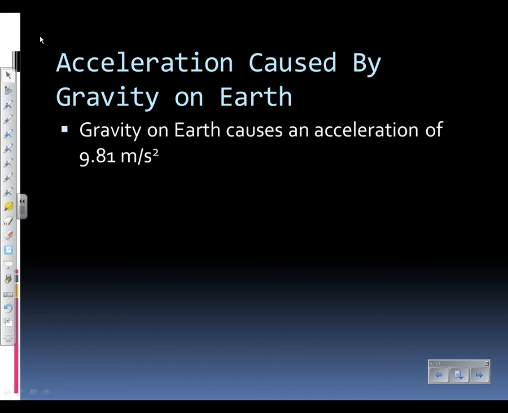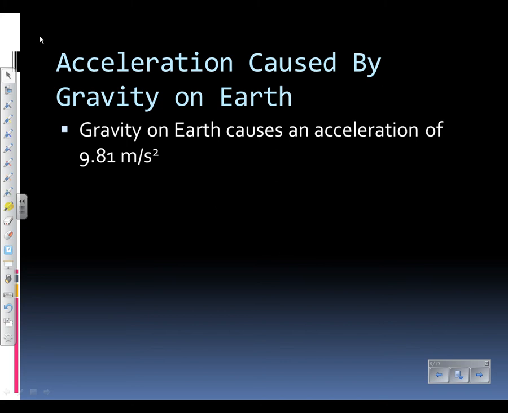Is this the value for the acceleration caused by gravity everywhere? No. The demonstration that I did while the movie was on, I dropped that ball from, let's say, approximately the same height that the hammer and the feather got dropped from. The hammer and the feather hit the ground at the same time on the moon.